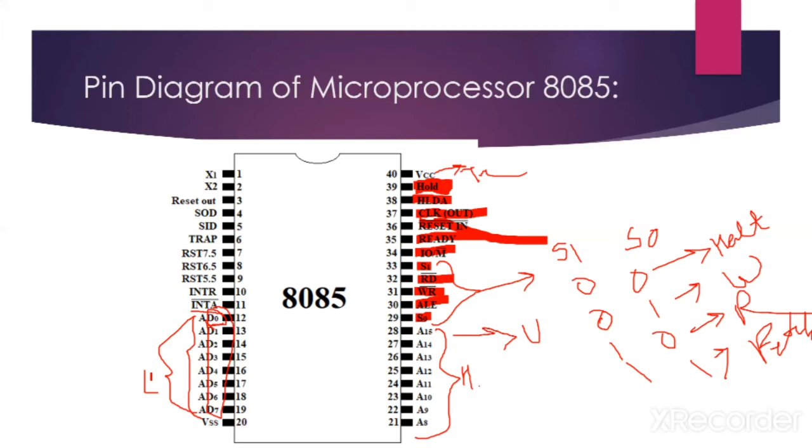Next pins are RST 5.5, RST 6.5 and RST 7.5. These pins are for interrupt handling. In 8085 there are 5 interrupt pins.